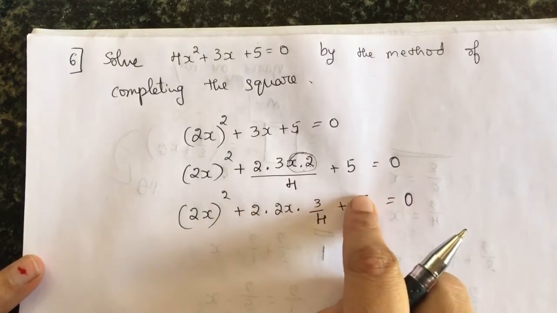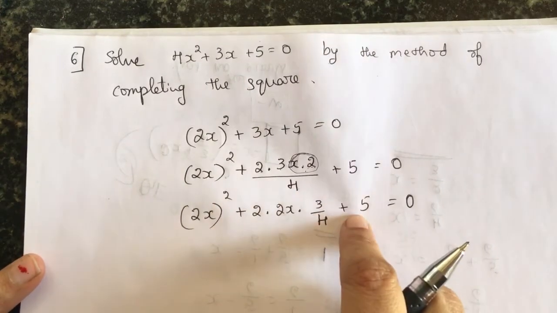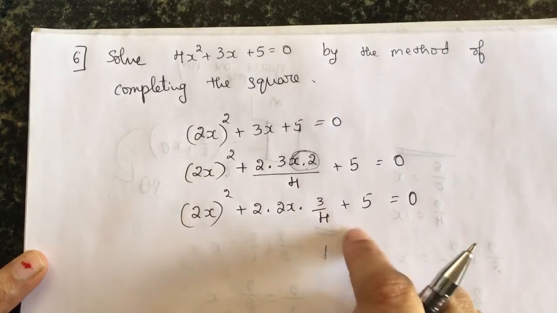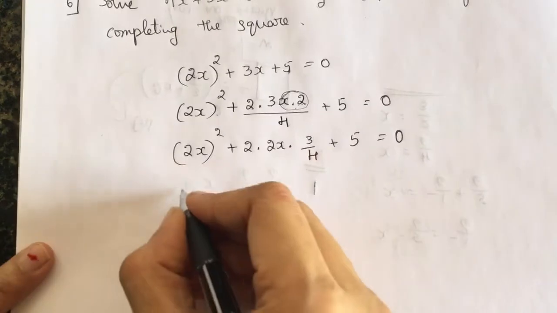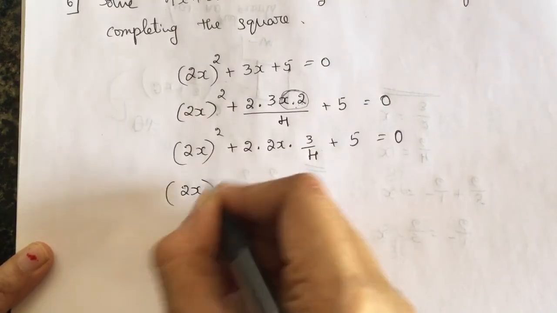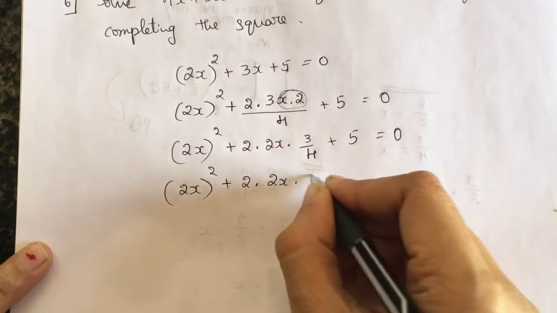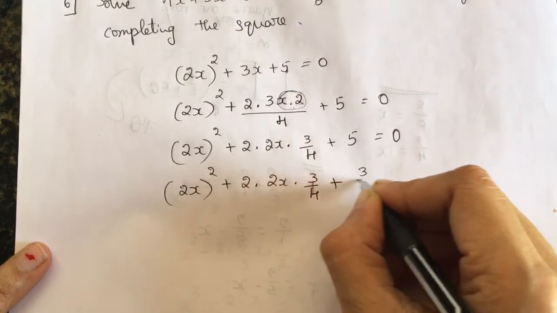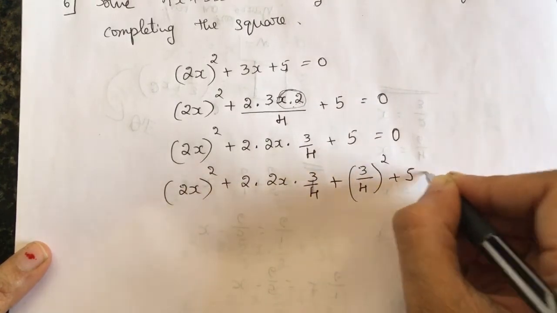Rewriting this might be difficult, so for that sake I'm just adding b square to the left hand side and right hand side, or add and subtract b square to this. So 2x whole square plus 2ab plus b square, 3/4 whole square, plus 5.